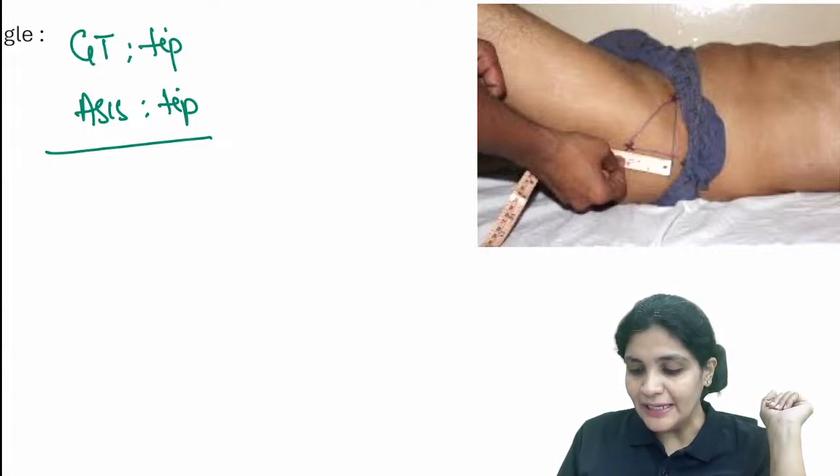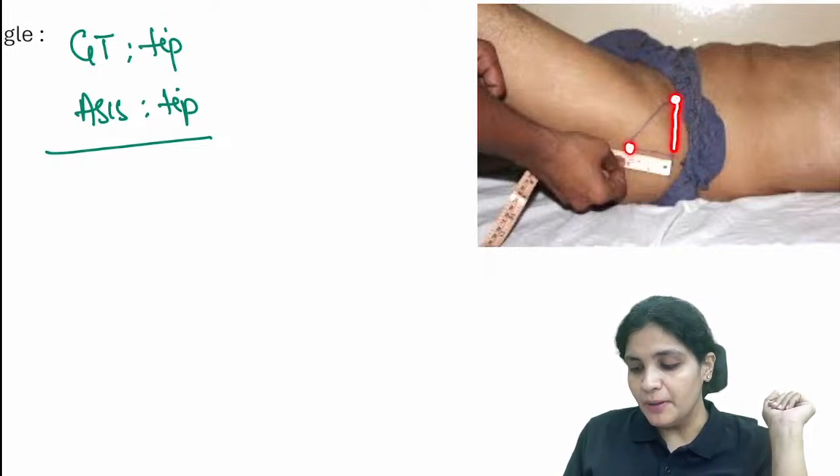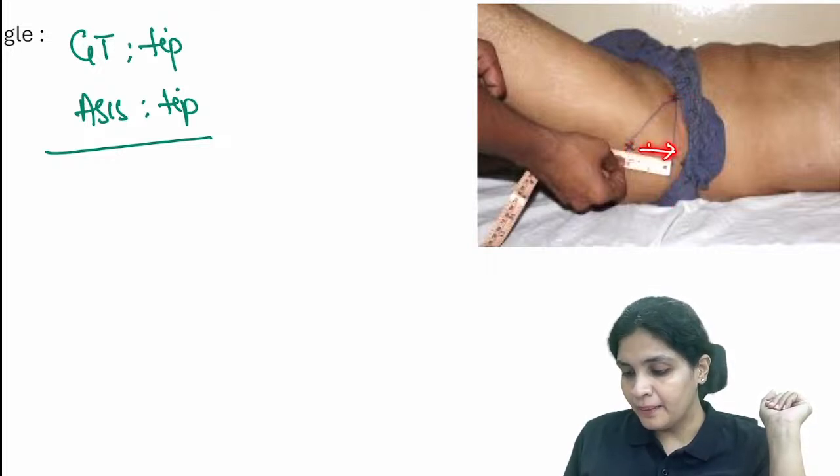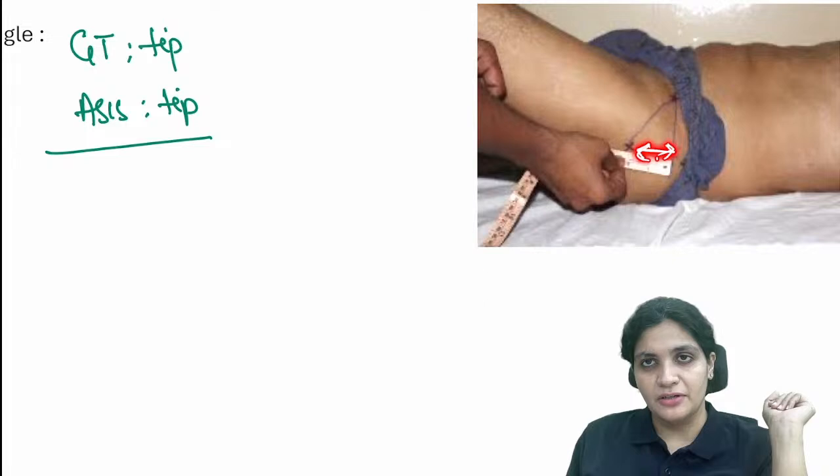Here you can see that there is a migration of the GT. This is your ASIS and this is your GT, right? And now this is your perpendicular, which you draw like this. And this is the distance you have to measure, right?